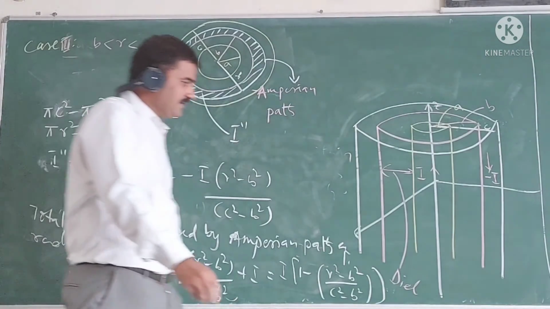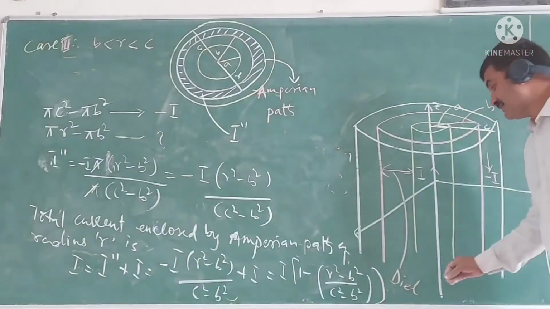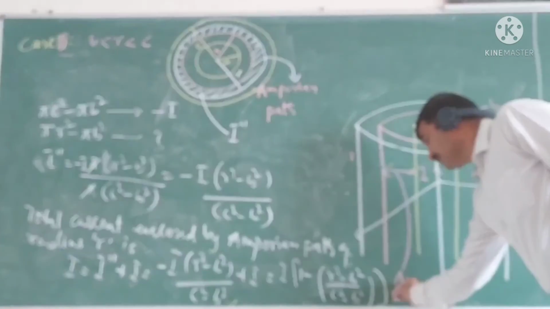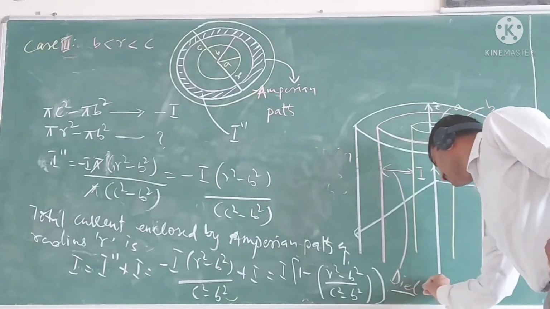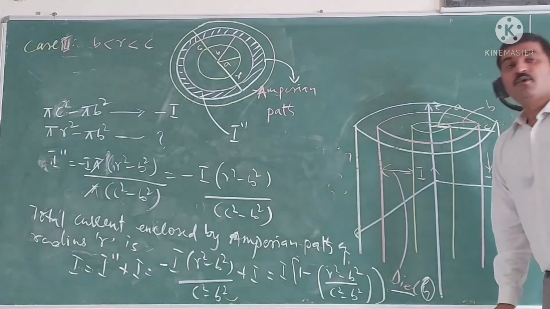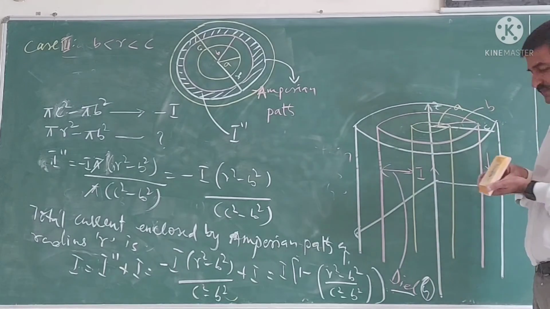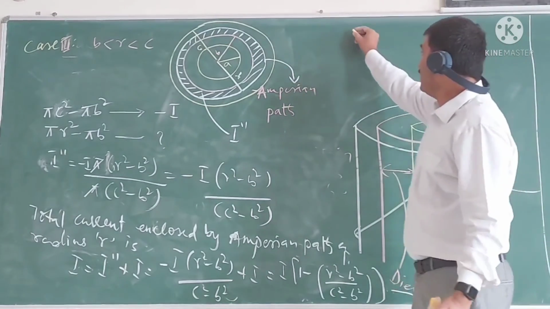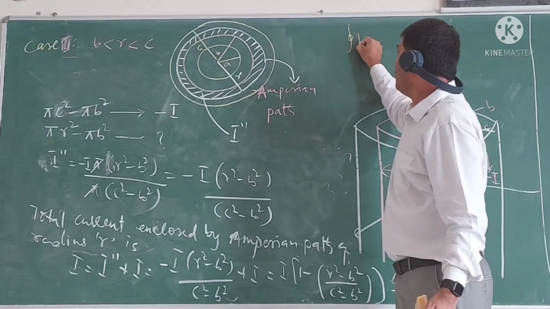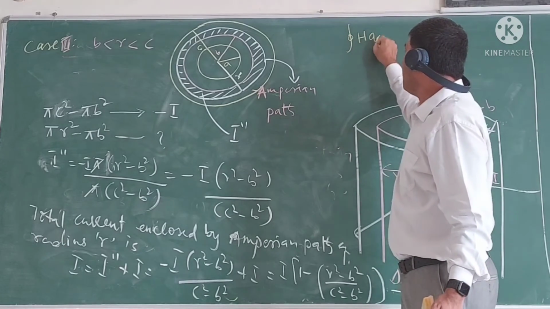Call it an equation number. What is the equation number? 4, 5, 5. Substitute 2, 3, 5 in 1. What is that 1? The line integral of H dot dl.